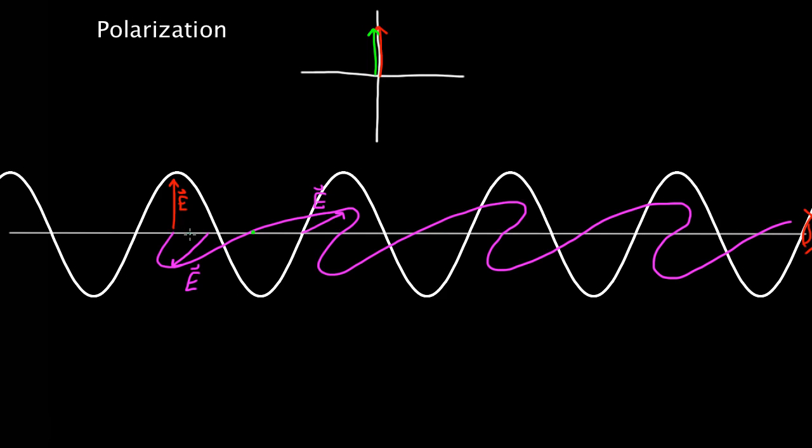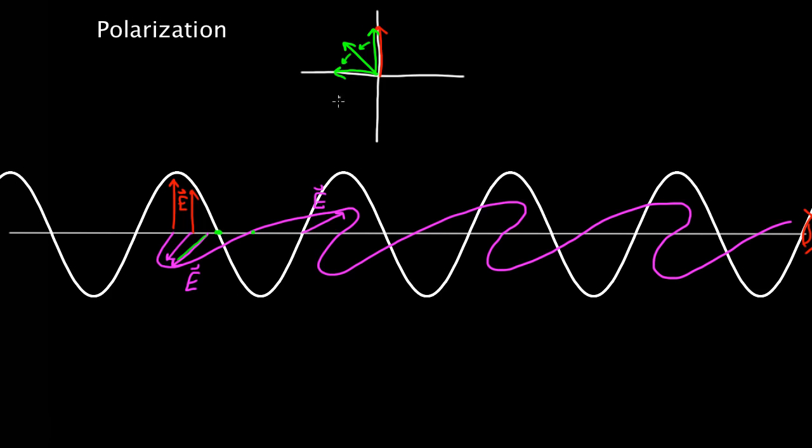Now I come over to here, and at this point there's some red electric field that points up, but there's some of this other electric field that points this way, so I'd have a total electric field that would point that way. And then I get over to here, and I'd have all of the electric field from the pink one, none from the red one. It would point all left then. Look what's happening.